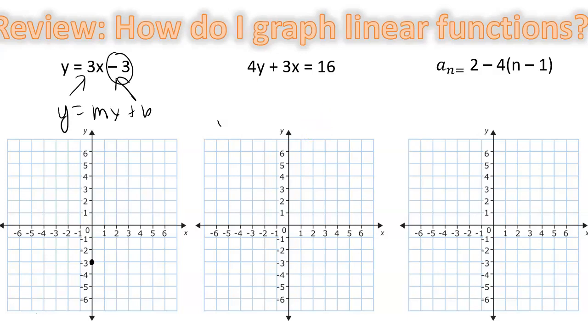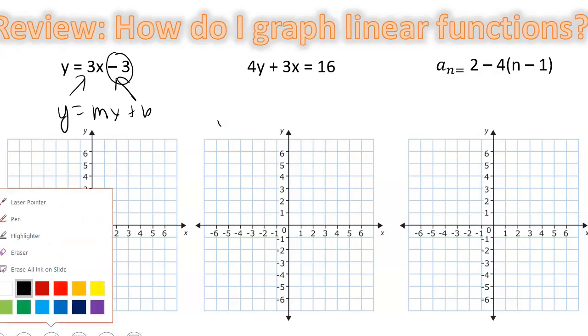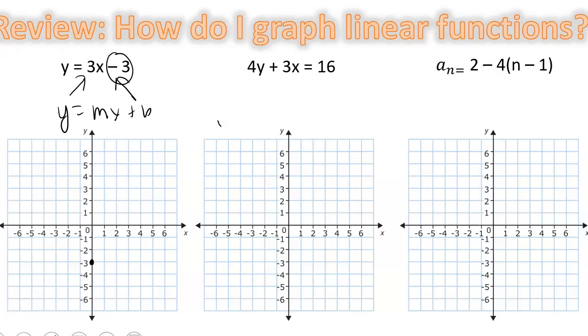So that means 3 over 1. It goes 3 over 1. And it's positive, so we rise, run to the right. Rise, run, rise, run, rise, run, and so on. And then I use a straight edge, which I don't have for my computer, to draw the line.